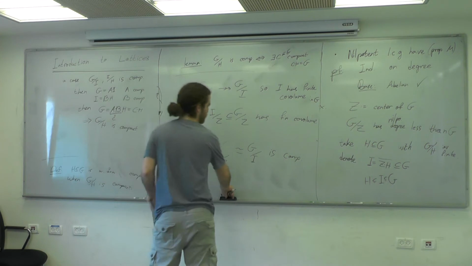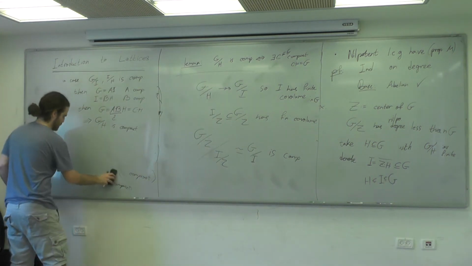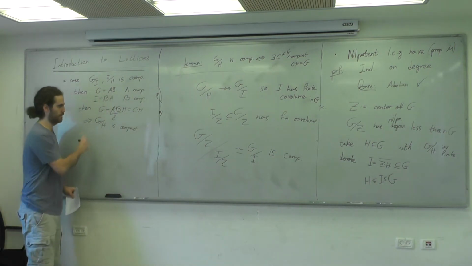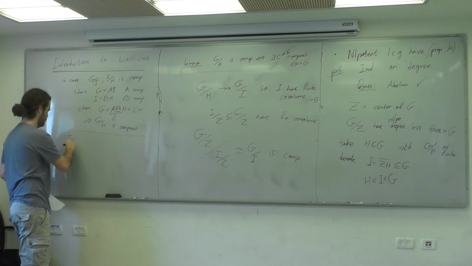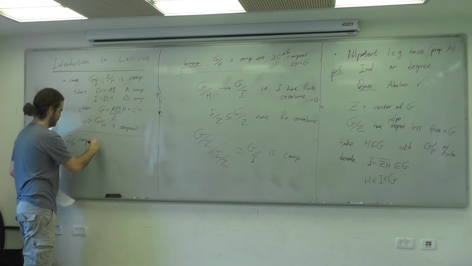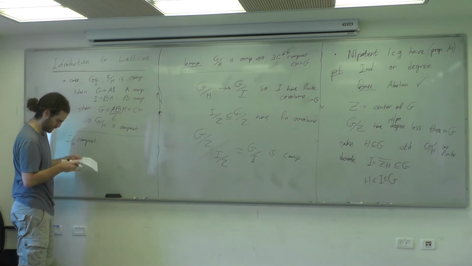Now we want that I mod H is compact, and then we're done. So why is I mod H compact?